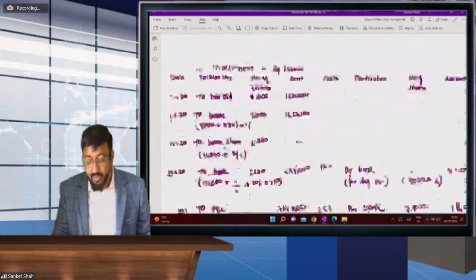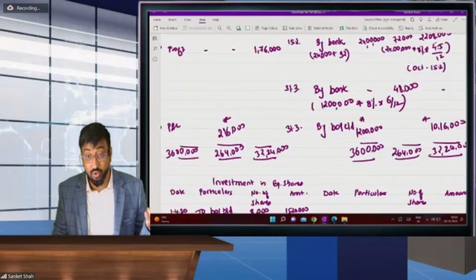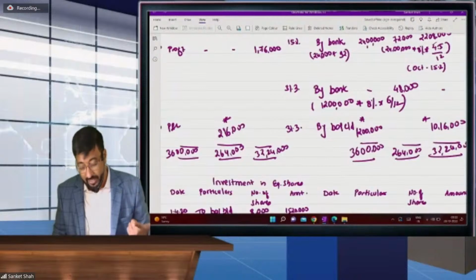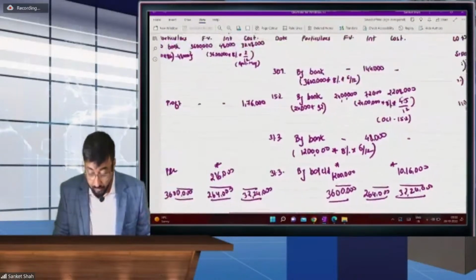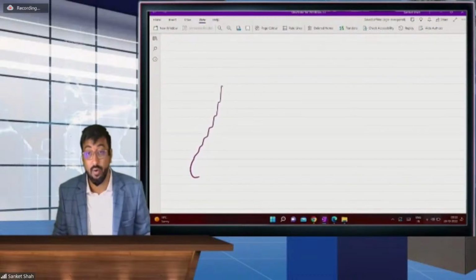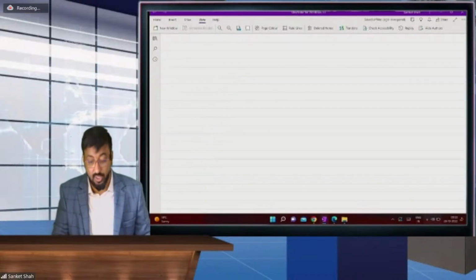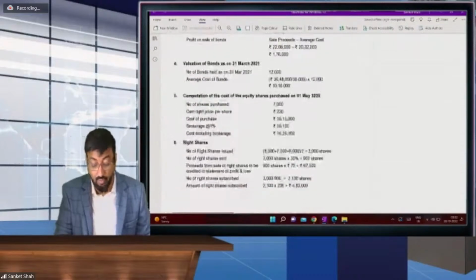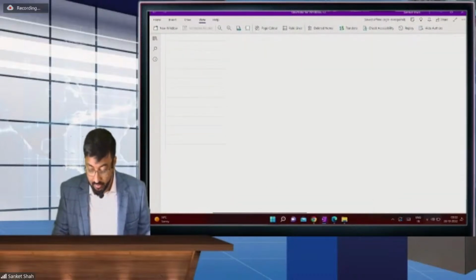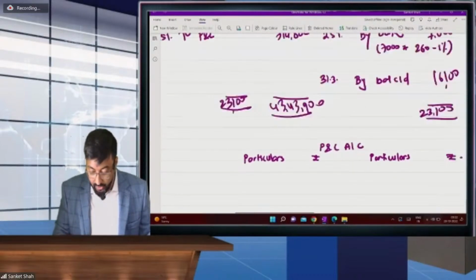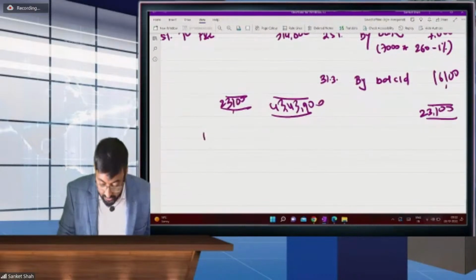In P&L, you have to show post-acquisition dividend, interim dividend, right shares sold, profit on sale of shares, interest amount, and then profit or loss on sale of debenture. So P&L account is a separate working note. You can write one note here before starting P&L.